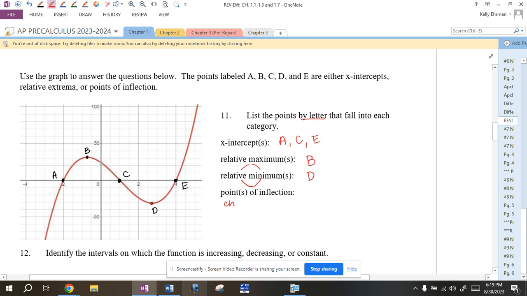Remember, this is where we have a change in concavity. What's concavity? We talked about this on Wednesday. Concavity is the curvature where the graph changes from concave down, in this case, to concave up. So again, we were told that these points include a point of inflection. So I can see that the graph is concave down for a while, and then at some point in here, it switches to concave up. So it's got to be point C.